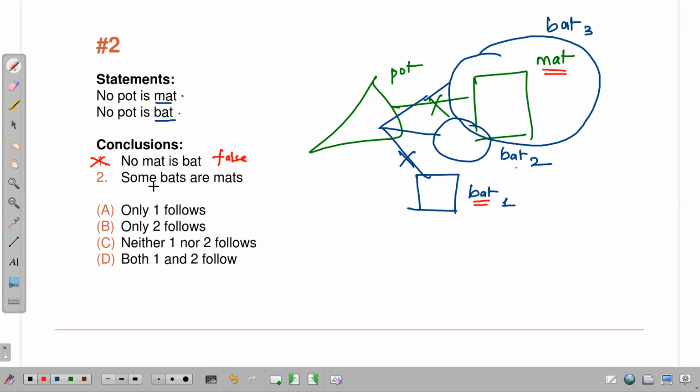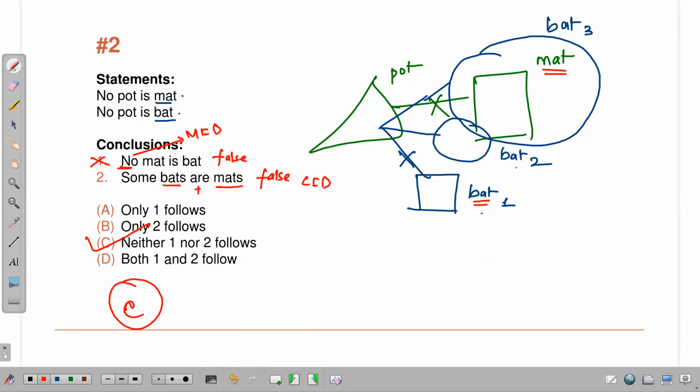And then some bats are mats is true for this case, even true for this case, but definitely not true for some other case, and therefore is not the correct answer. This one also falls at my LID, the least intersection diagram. So for a positive claim, least intersection diagram; for a negative claim, the maximum intersection diagram. So again, the answer comes as C, neither one nor two follows.